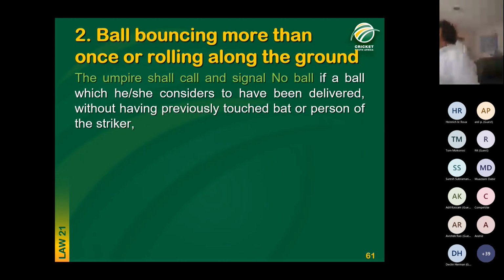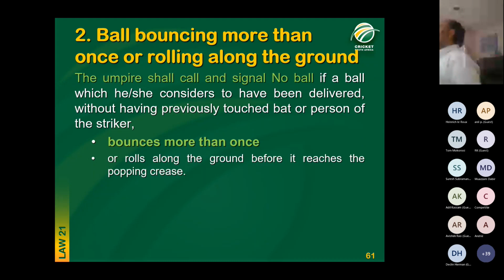So what happens if a ball bounces more than once or it rolls along the ground? The law tells the umpire to call and signal no ball if a ball bounces more than once or rolls along the ground before reaching the popping crease.